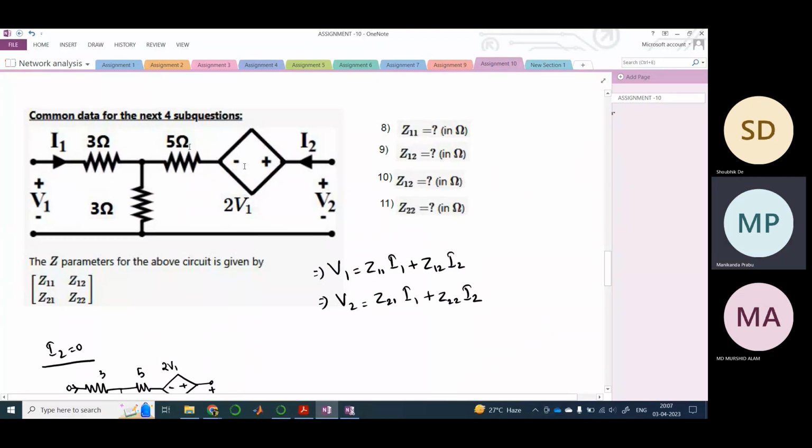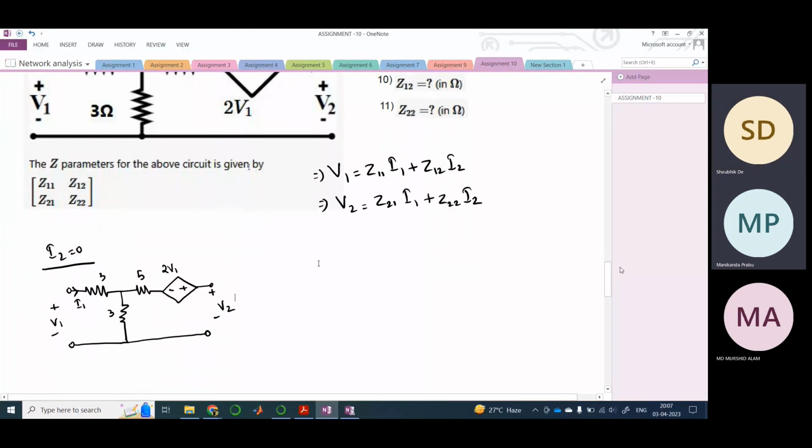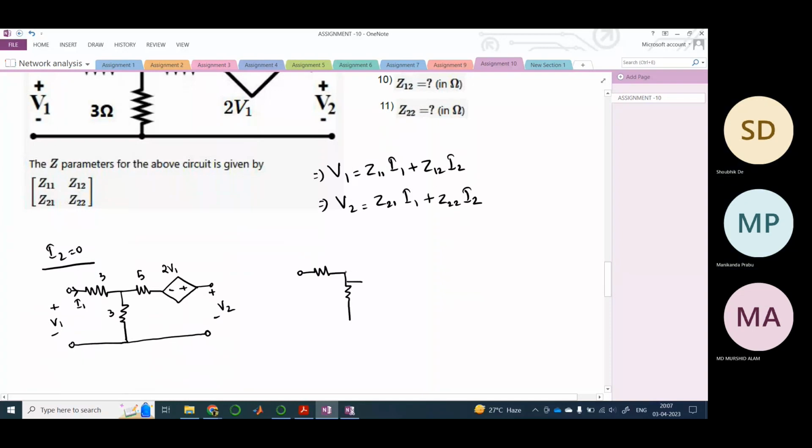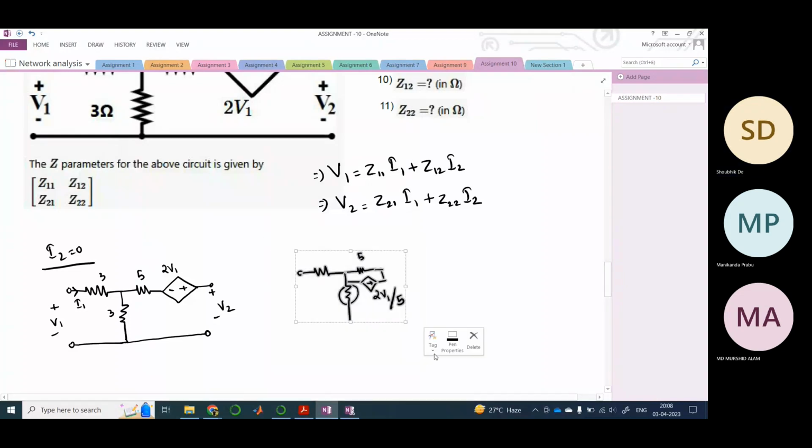So here also they have done conversion, sir, from current to voltage source conversion. Yes. So we can do a simple source transformation. So something like this it would look like. Here there is a resistor, and here there is a current source. In the previous case, this was shorted, but here there is a resistor. Remaining things are same. So this would be 5, and this would be 2V1 by 5. So the problem is same.